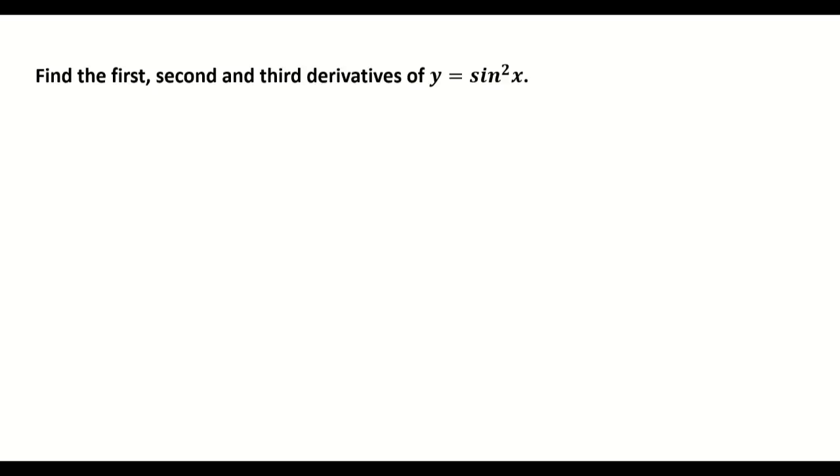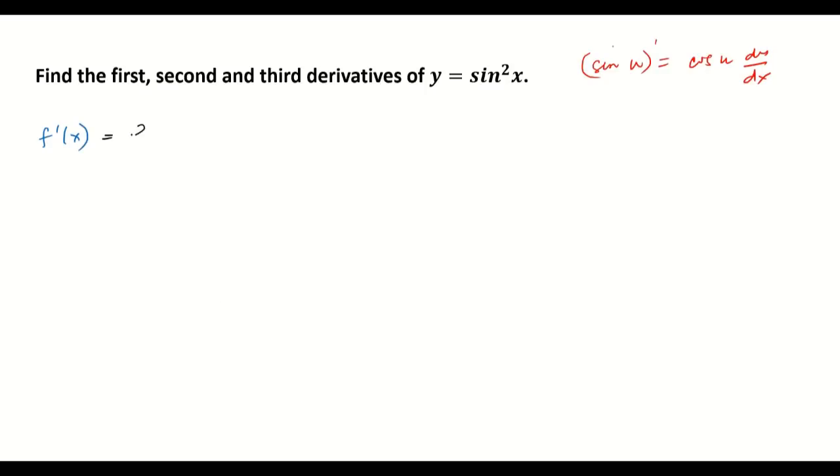Let's say we'd like to get the first, second, and third derivatives of y is equal to sine squared x. So remember that the derivative of sine u is cosine u and then times du dx. So for this case, we would be doing chain rule to get our first derivative.